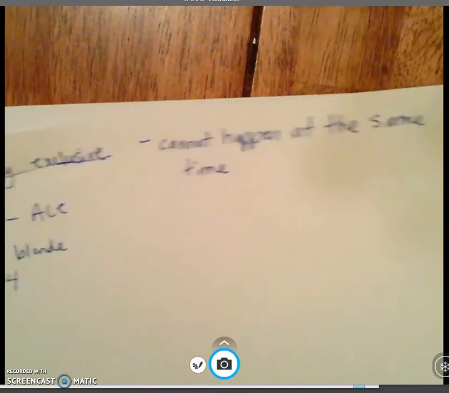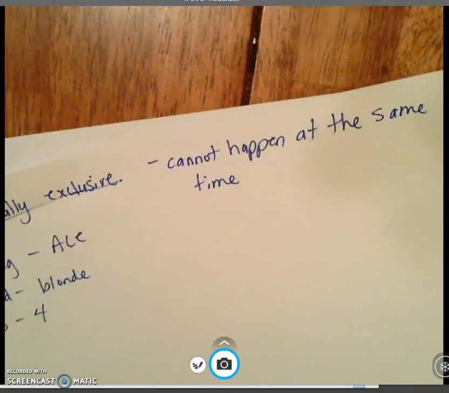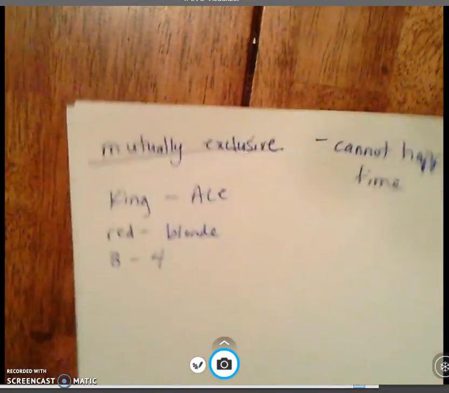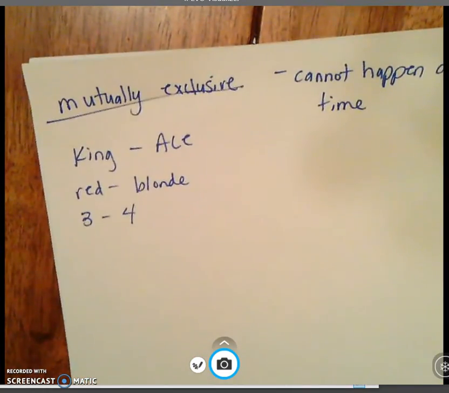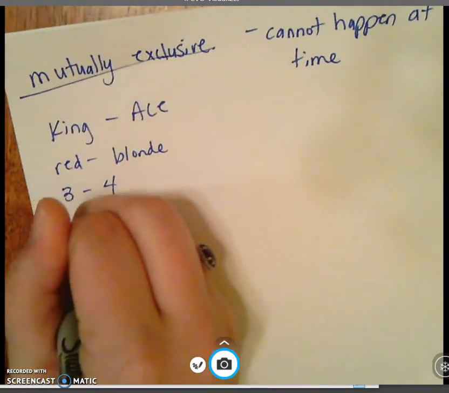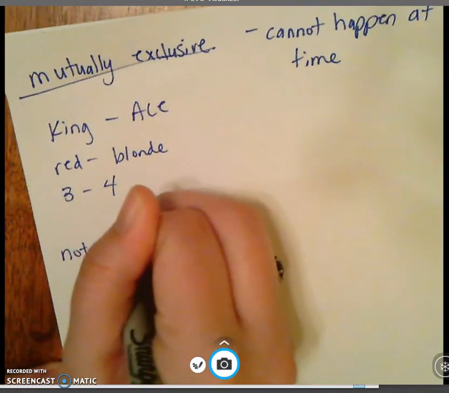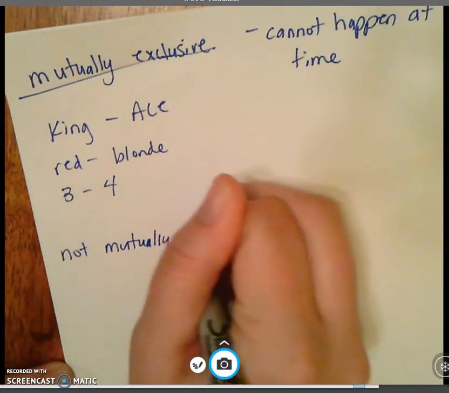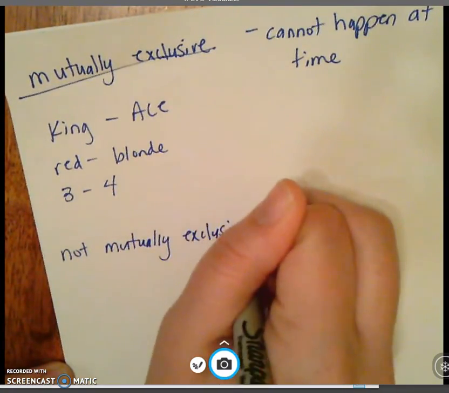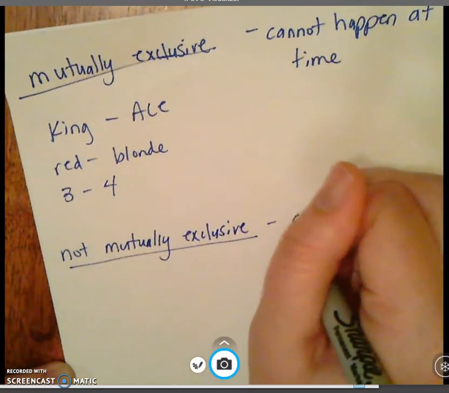So anytime it's talking about something mutually exclusive, remember, these things cannot happen at the same time. So not mutually exclusive is obviously the opposite. These are things that can happen at the same time.